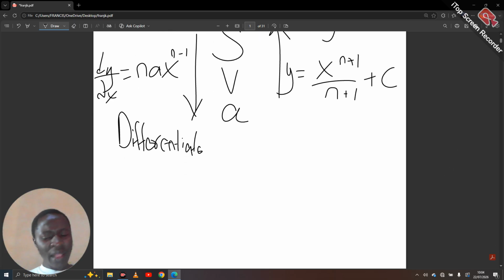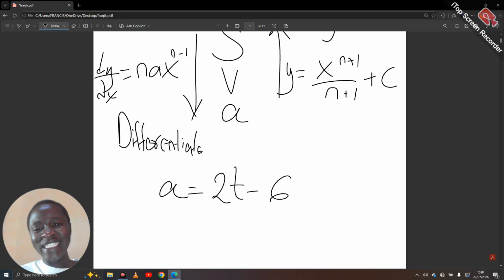Now, the question requests that we give an expression for the object's velocity. What have we been given? The examiner has given us acceleration, and that acceleration is 2t minus 6. And what does the examiner want us to get?